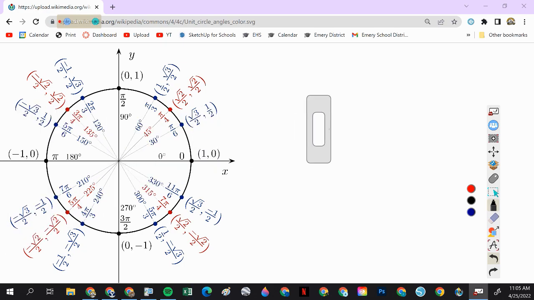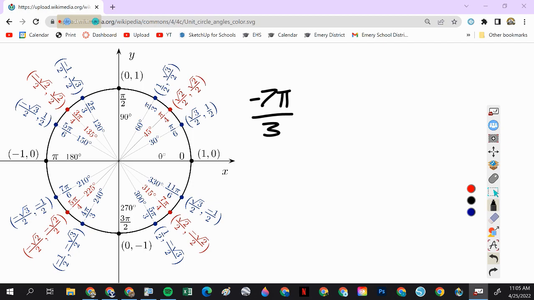Okay, what about negative 7 pi over 3? What quadrant does that land in? Where is negative 7 pi over 3?